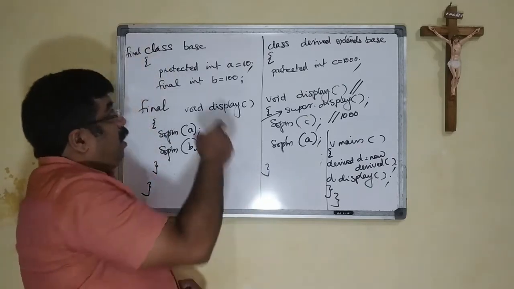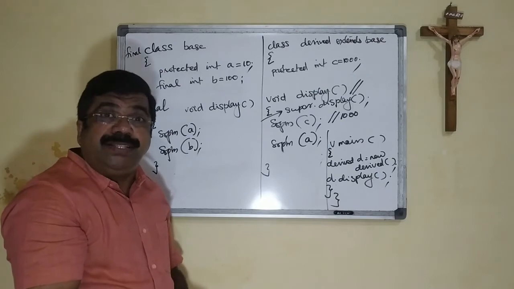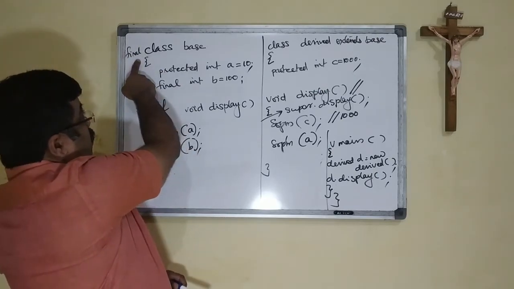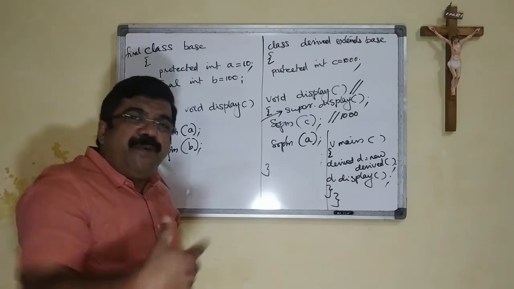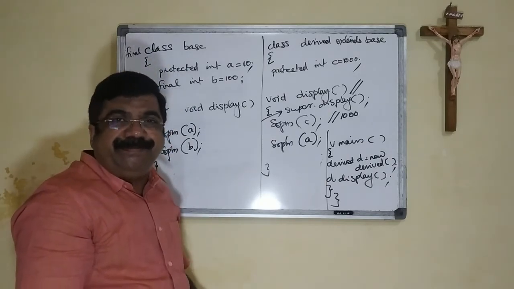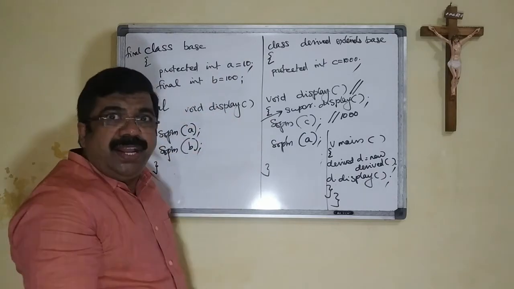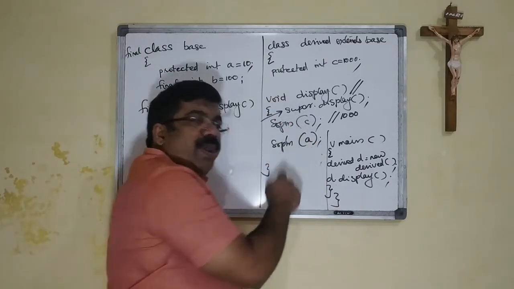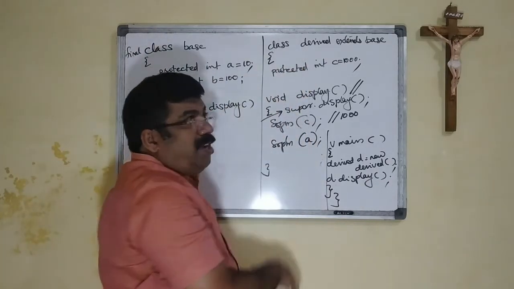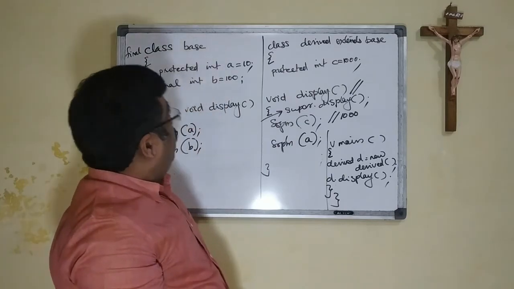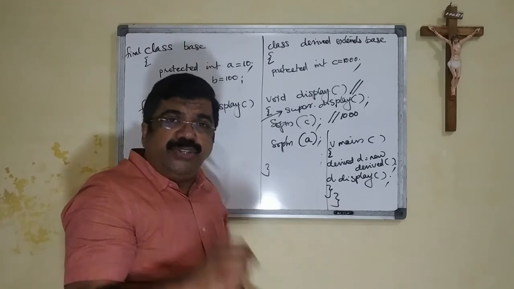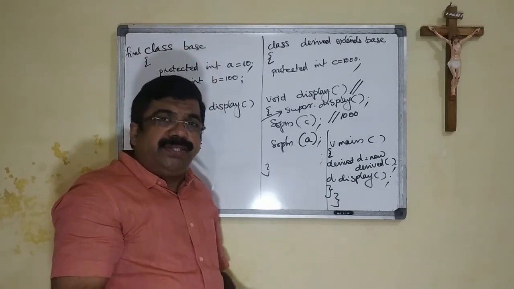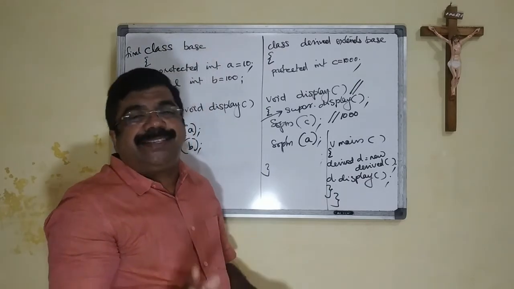Now, the base class itself is a final one. So what is going to happen? When we try to compile the second program, the first line itself will be reported with an error. The reason is a final class cannot be extended.